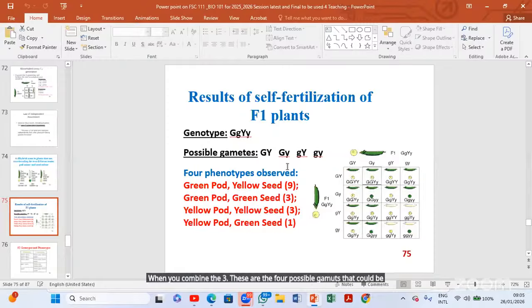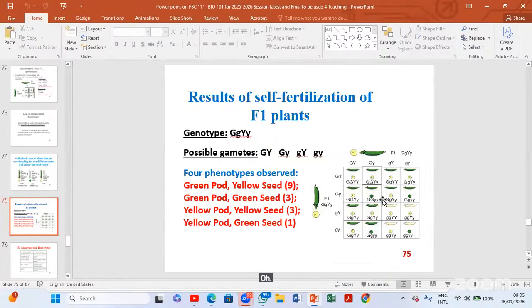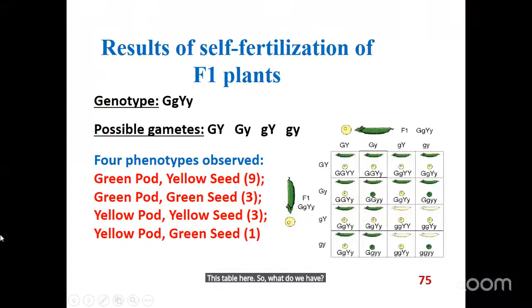So when you now cross 2 of these, that means one with these possible gametes with another one with the same possible gametes. That's what happens in the table here. Can you see it clearly now? Because I've enlarged it so that it will be easily visible.